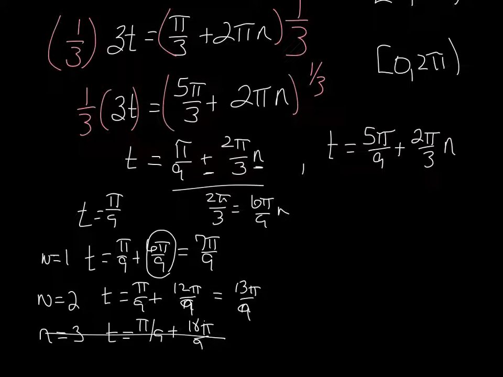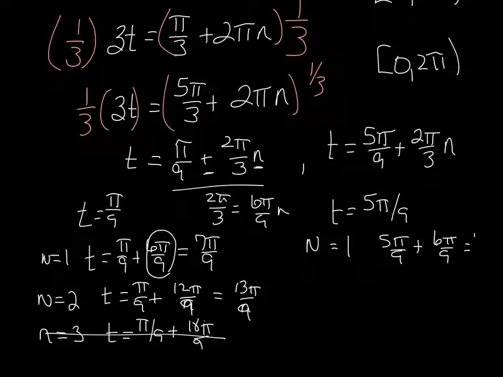Okay, same thing over here. We're going to have just t equals 5 pi over 9 when n is 0. When n is 1, we're going to have 5 pi over 9 plus 6 pi over 9, which is equal to 11 pi over 9.